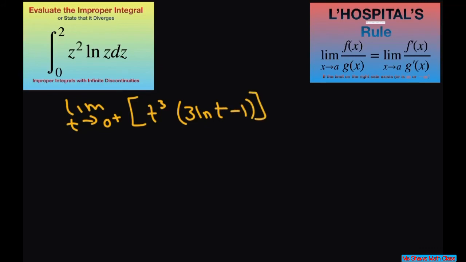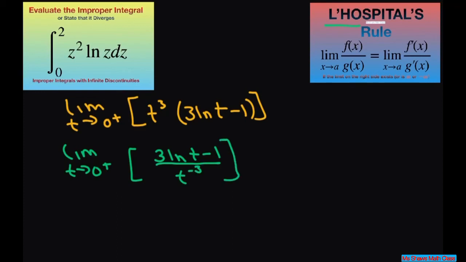All right. So what I'm going to do is use L'Hopital's rule to differentiate this. I'm going to write this as the limit as t approaches 0 from the right of 3 ln of t minus 1 divided by t to the negative 3 power.